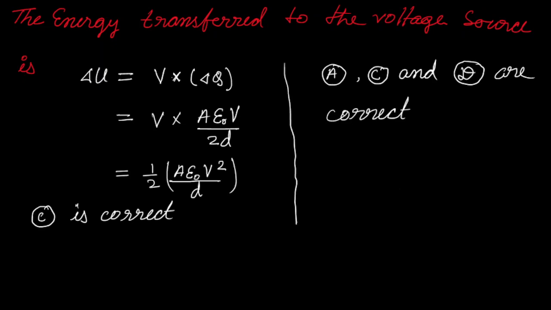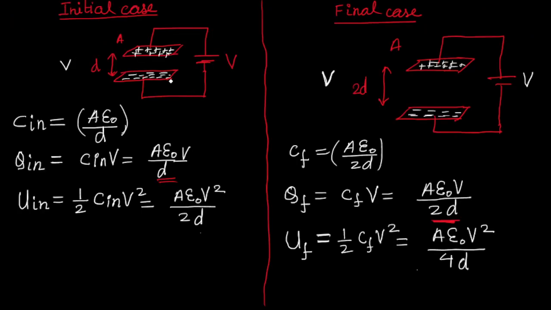I hope you understood how to solve this type of problem. The main idea is, when a battery is connected to the capacitor, and after it gets fully charged, if we increase the separation between the plates, the voltage across the capacitor will always remain constant. You have to remember this.